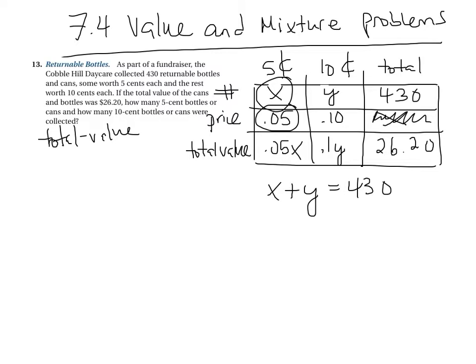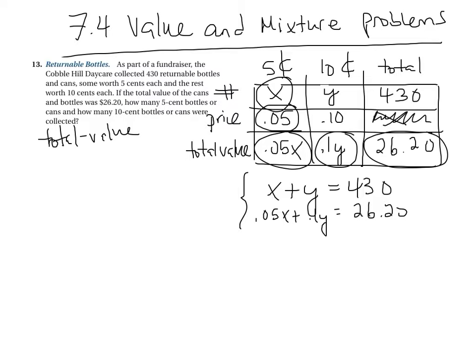Nothing needs to go in there. And the last row will actually give us our second equation. So it's 0.05x plus 0.1y equals $26.20. Because the total value of the 5-cent cans plus the total value of the 10-cent cans gives us our total value.